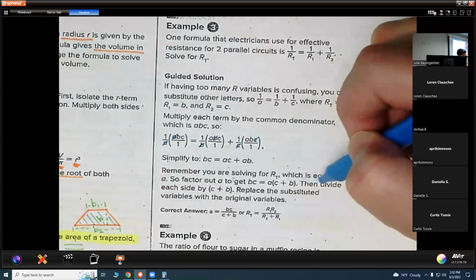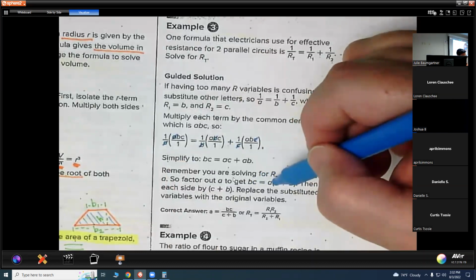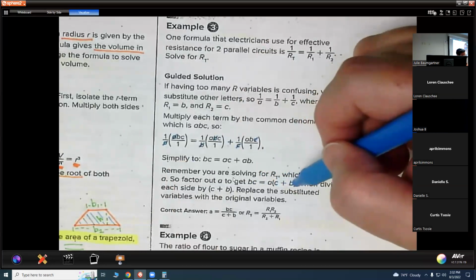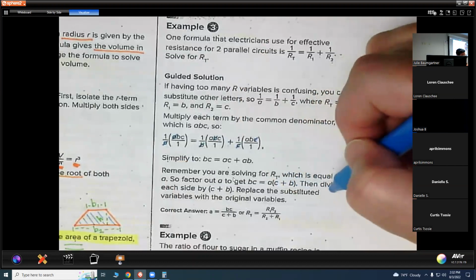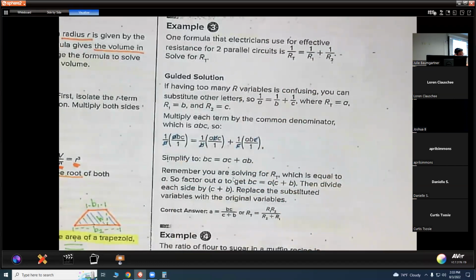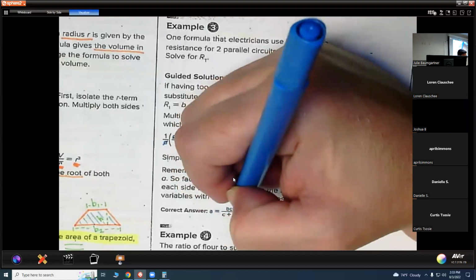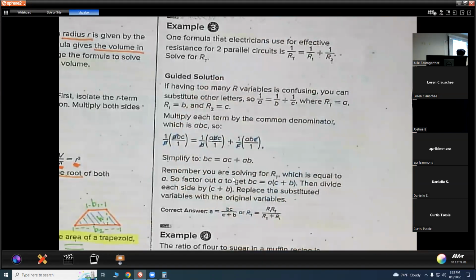We have to factor out an A. So we get BC equals A times the quantity C plus B. Then we divide each side by C plus B and replace the substituted variables with the original. So our answer is A equals B times C divided by C plus B.